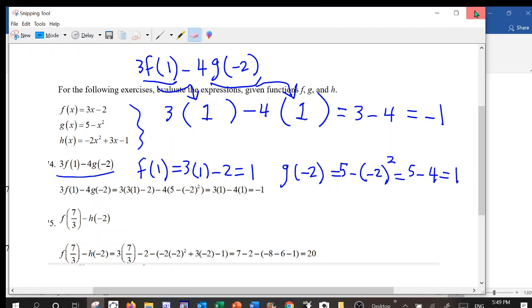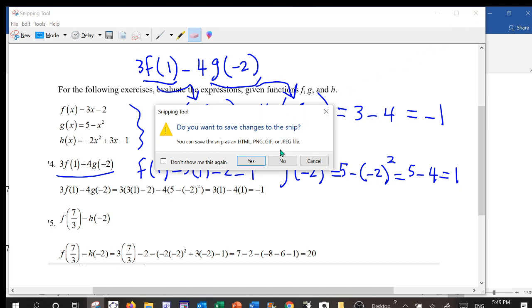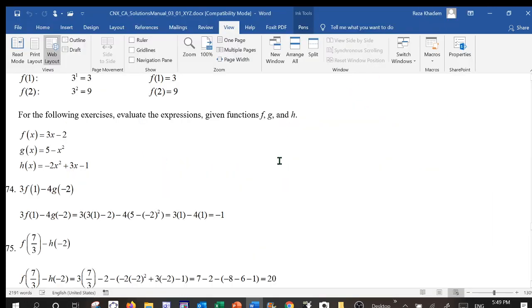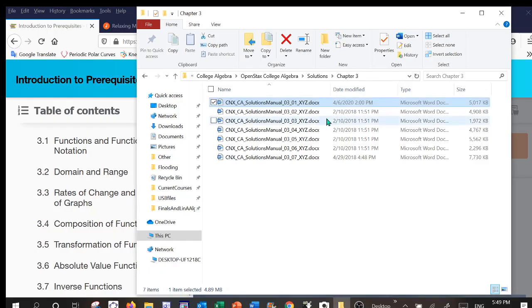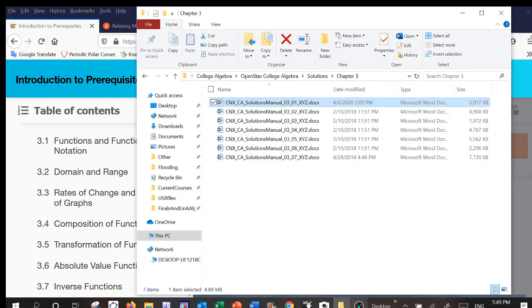All right, so that's section 3.1. I think we did enough of these. Now we want to go to section 3.2. See how far we have gone. I think we can do another section before.